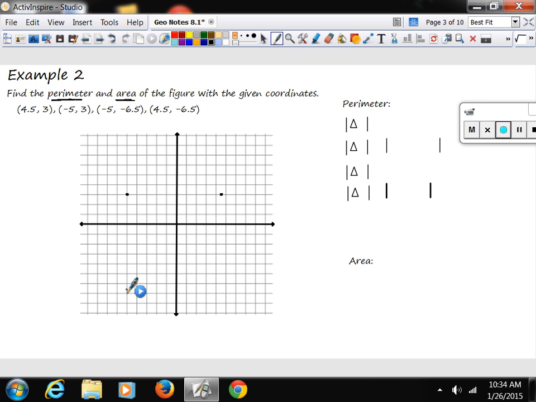So it's going to be right in this area. Oh, I made a big dot. And then 4.5, negative 6.5. So basically, when we draw in our shape, it's going to look like that.